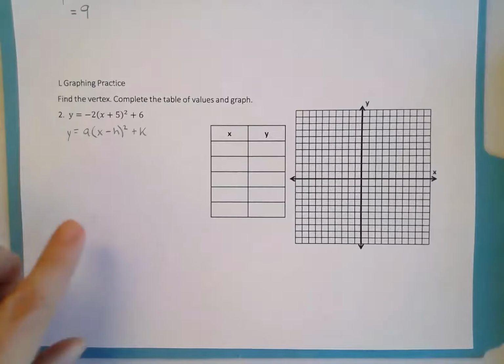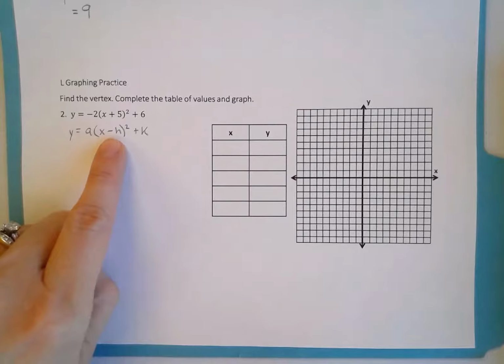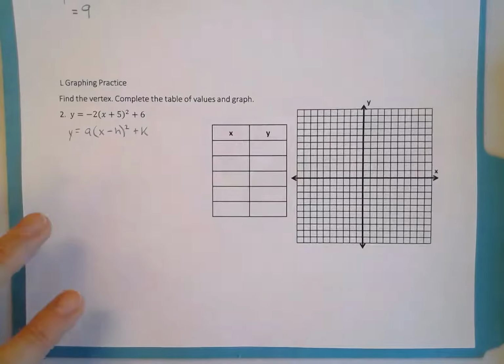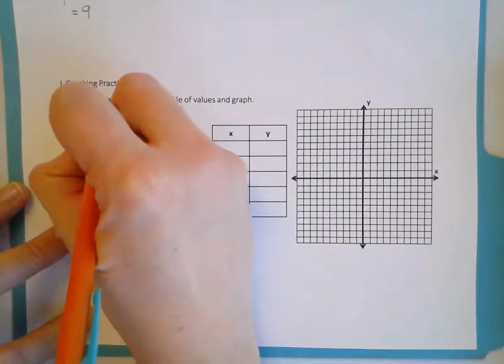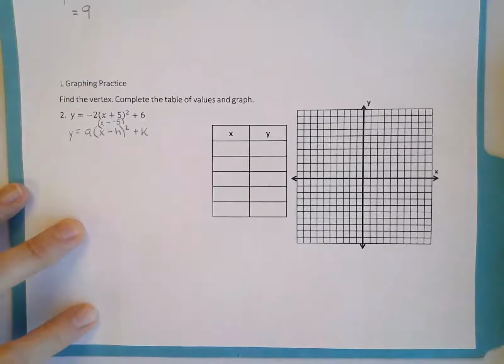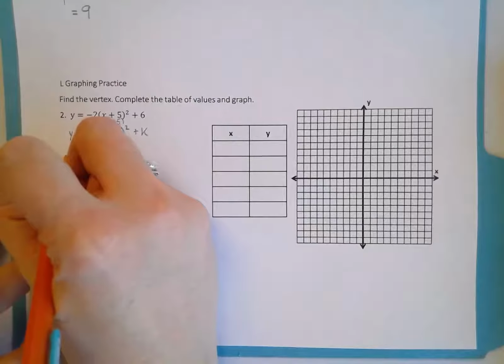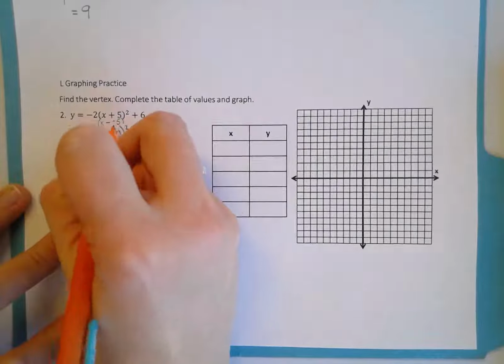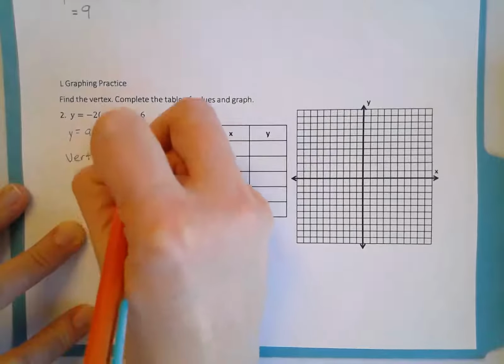Because vertex form needs to be in x minus h, you will need to take x plus 5 and make it minus a negative. Your vertex will be -5, 6.